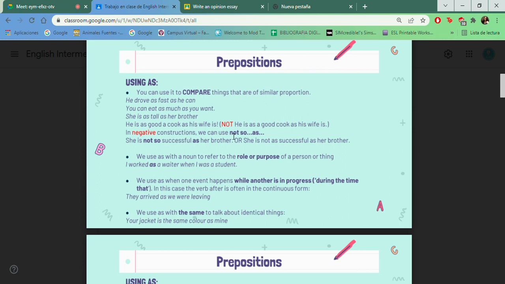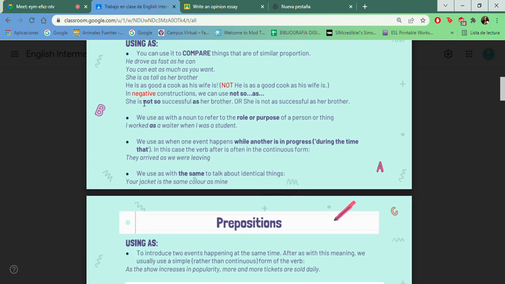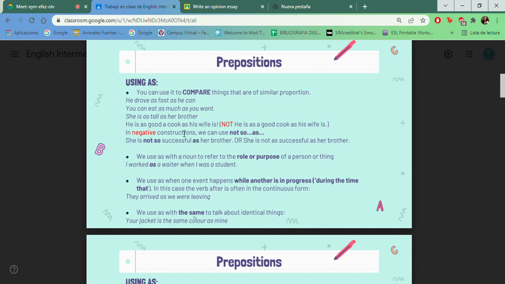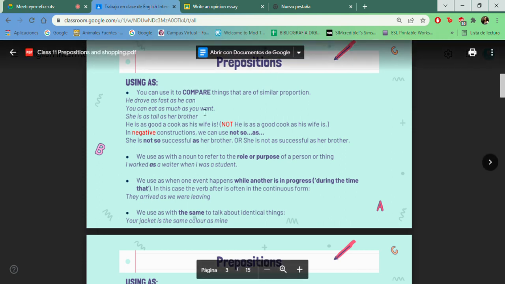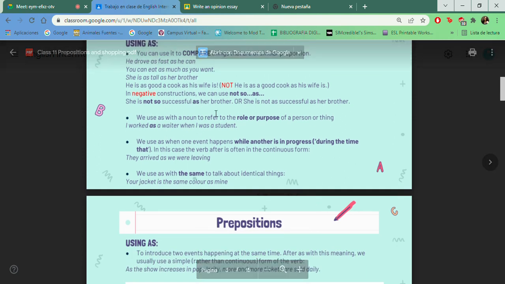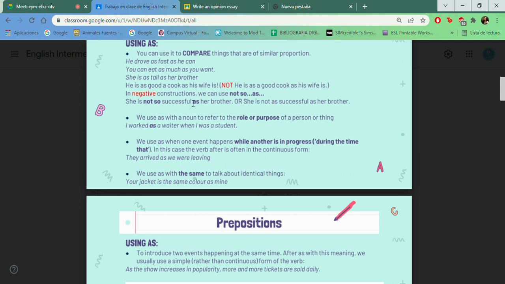Okay? Then we have, he's as good a cook as his wife is, for example. This is another example. In negative constructions, we can use not so as.